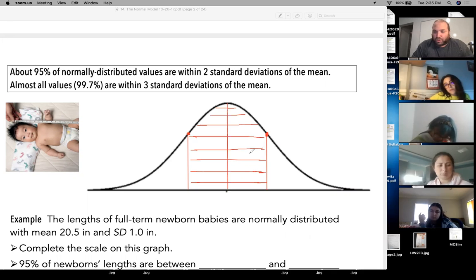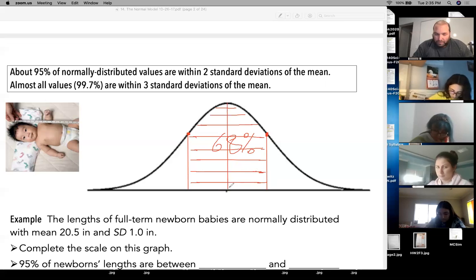Okay, 50% is a pretty good guess. 75 is a better guess. It actually ends up being 68% of the data for a normal distribution is between one deviation to the left and one deviation to the right of the mean. That's just a fact, all the time.